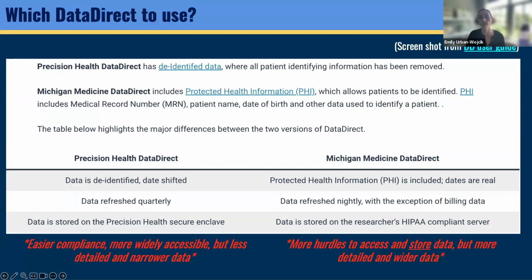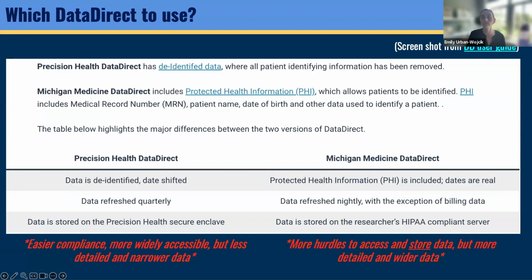Whereas there was more comprehensive information on the Michigan Medicine version. And that's why, for the project that I'm giving an example about today, we decided to use the Michigan Medicine version. Another big difference between the two is how the data are stored. So for Precision Health, the data need to be stored on their secure enclave services, which is great, and that storage is provided.